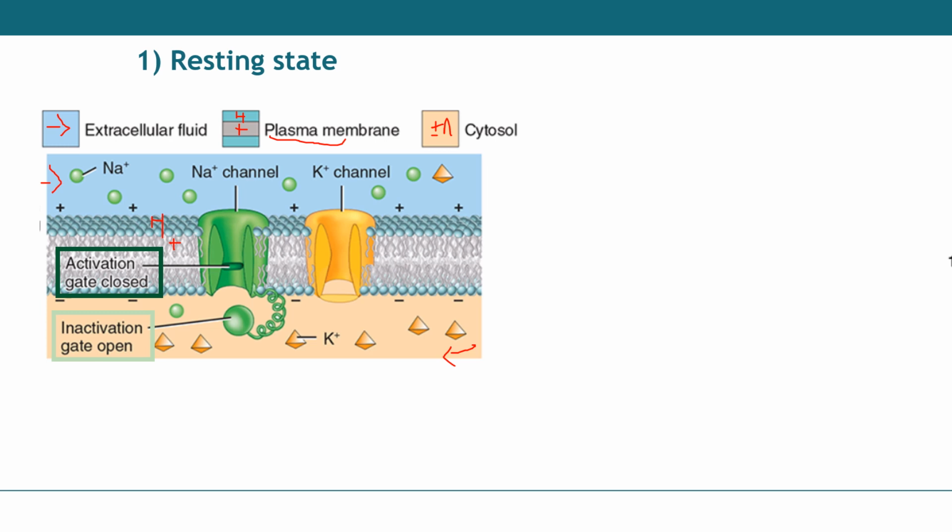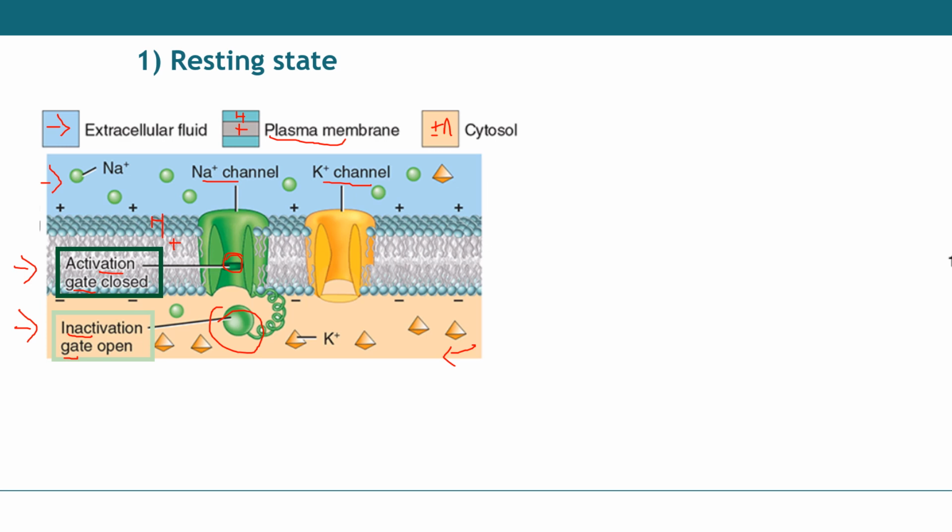In addition to that, they show us two types of channels, one that is the sodium channel and the other one that is the potassium channel. The potassium channel only has two states, one that is open and the other one that is closed. The sodium channel has two ways to regulate its activation and inactivation. You have one way to close it here, that is the activation gate, or one way to close it here, that is the inactivation gate.